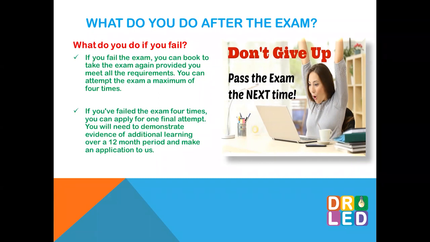If you have failed the exam 4 times, you can apply for one final attempt. You will need to demonstrate evidence of additional learning over a 12-month period and make an application to us, to the GMC.